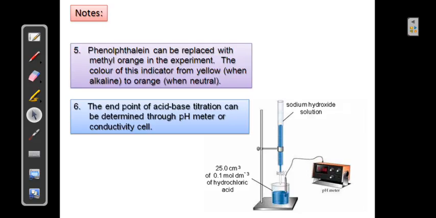So having this meter is more accurate. But in those days we didn't have these meters, so we had to use other forms, and using these indicators is a good way of knowing the completion of the reaction. They're just as good then as now.